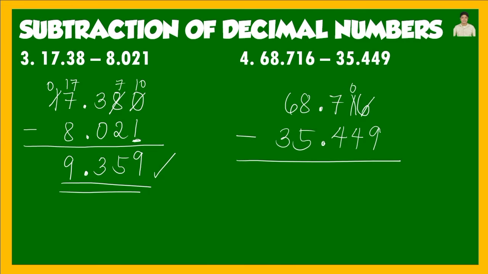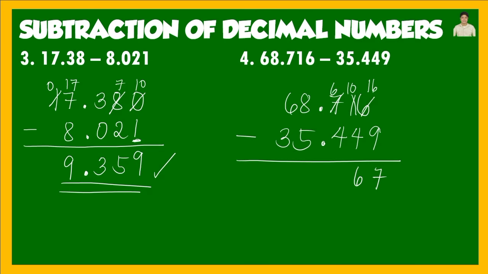Ito magiging 16. 16 minus 9, we have 7. Next, 0 minus 4 cannot be ulit. So, manghihiram tayo dito, magiging 6. Ito naman, magiging 10. 10 minus 4 now is 6.